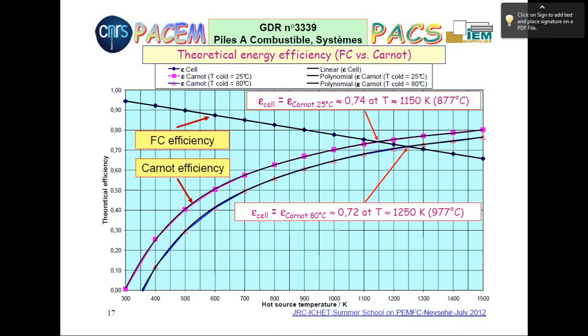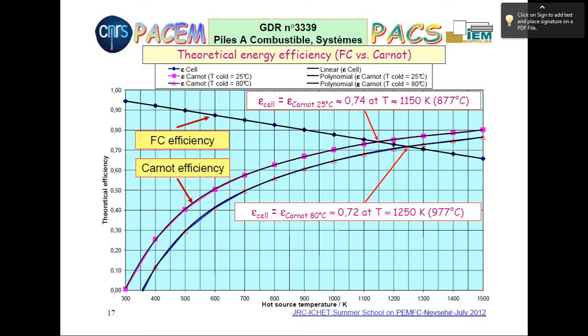This graph was more or less shown yesterday also. It is a comparison of the efficiency of the fuel cells and the Carnot efficiency. You can see because of delta J is decreasing, the fuel cell efficiency is decreasing nearly linearly.